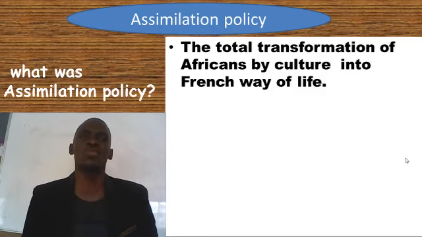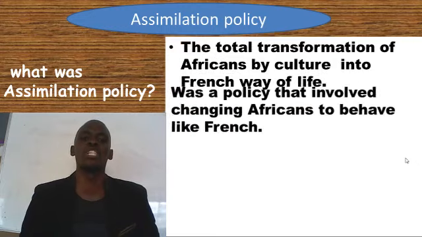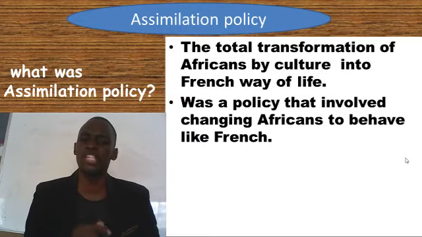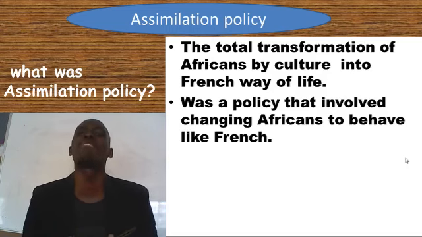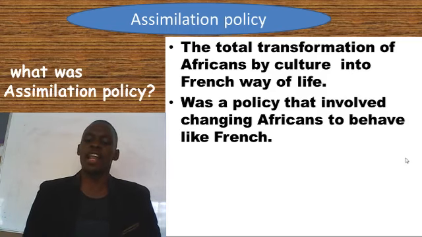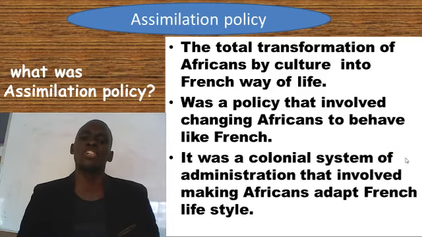There are various ways we can give the meaning of assimilation policy besides this one. We can also say that assimilation was a policy that involved changing Africans to behave like the French. Another person can say that assimilation policy was a colonial system of administration that involved making Africans adapt to French lifestyle.